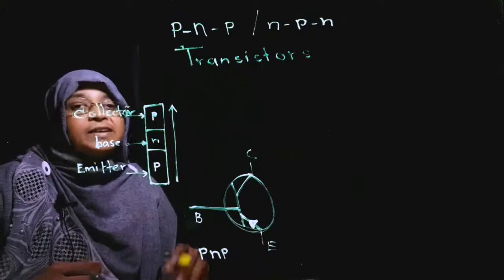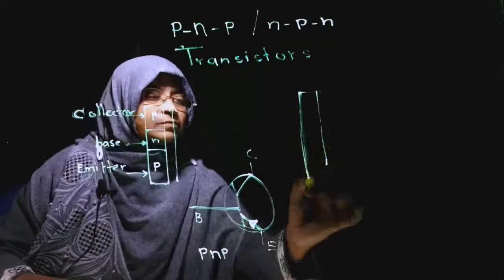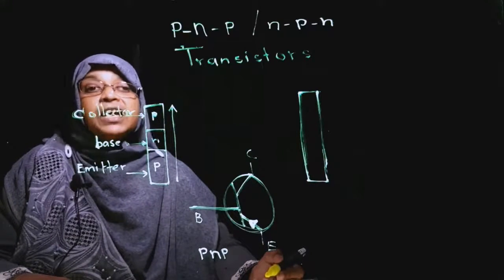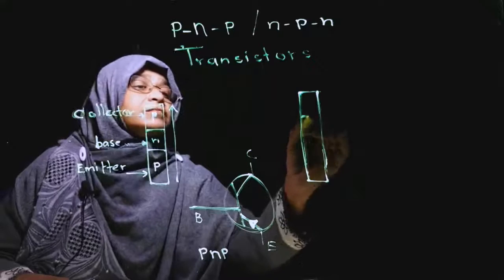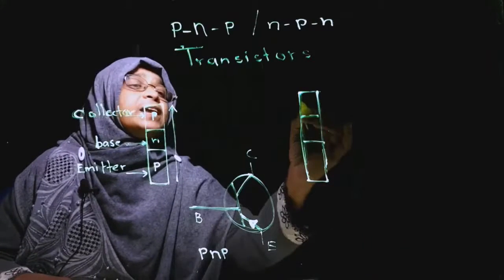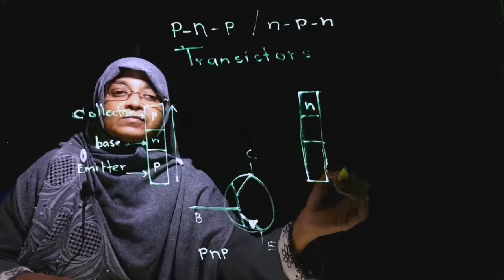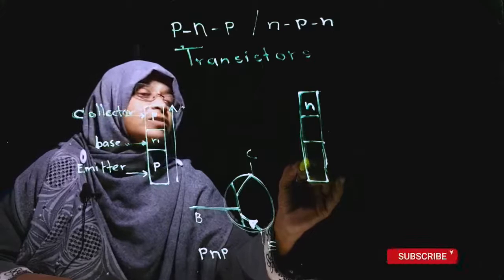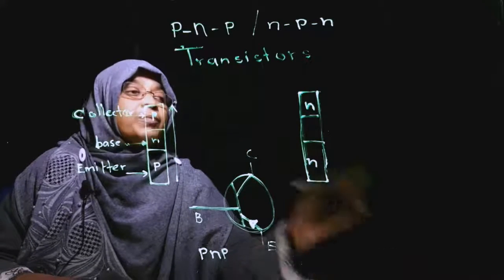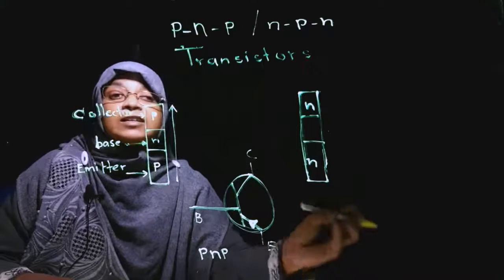Let's see the other type of transistor. The semiconductor is divided into 3 portions. Here, one end is doped as N. The other end is also doped N, at a different rate.